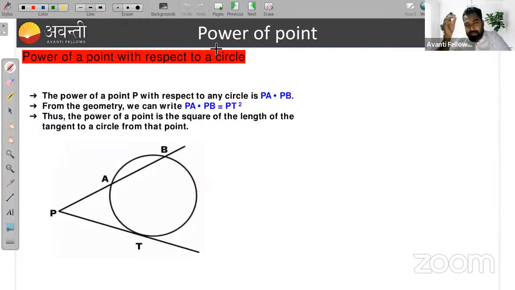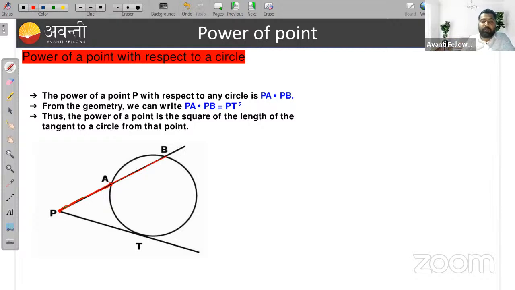Power of a point. It is very simple, PA into PB is called my power of point. The length of PA into the length of PB is called the power of point. That is also what we say about the S1 you are finding; that S1 is my power of point.